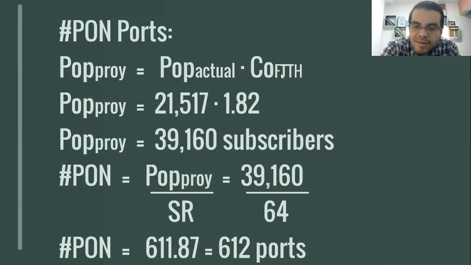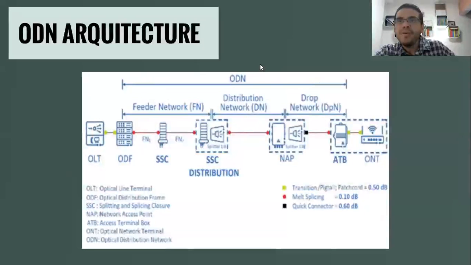With the splitting level of 1 to 64, it means that we'll need 612 ports.